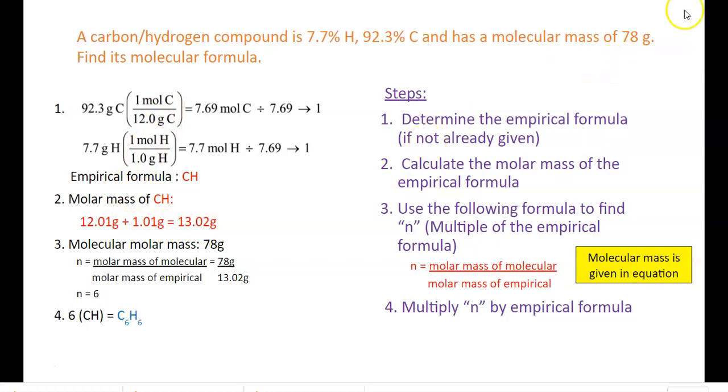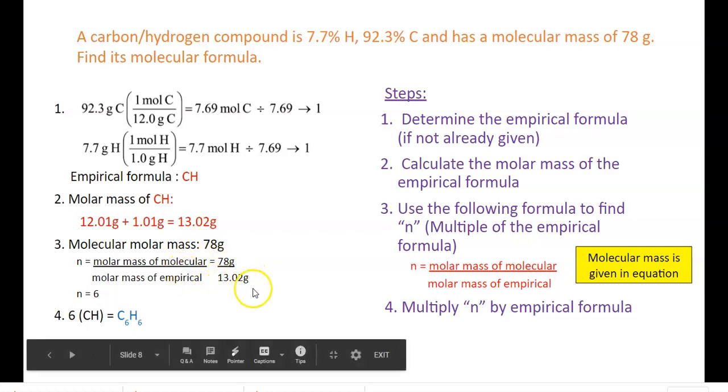Again, my problem has to give me my molecular mass. So it's 78. I take the molecular mass given in the problem, divided by what I just figured out, which is 13.02. That equals 6.